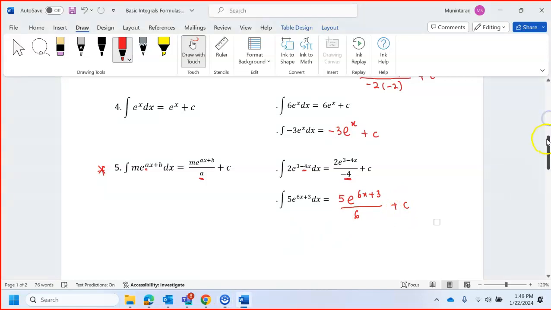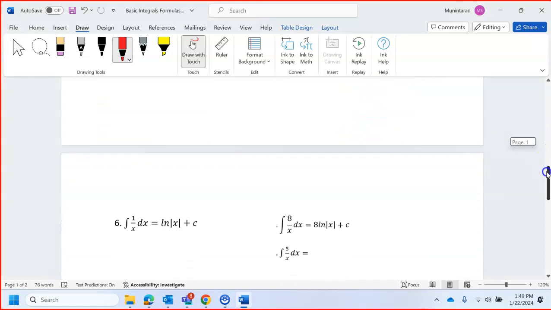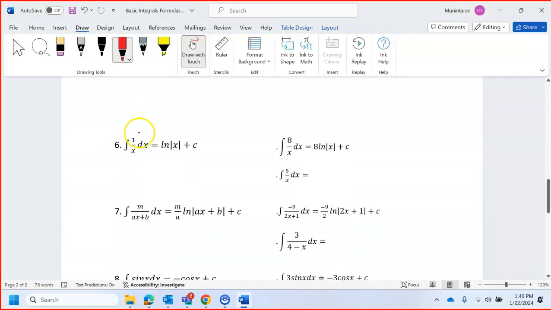Alright, the next is for the event when your n is equivalent to -1. So this is actually equivalent to integral x power to the -1 dx. The earlier formula we cannot use for -1. If you have -1, the answer should be ln modulus x.